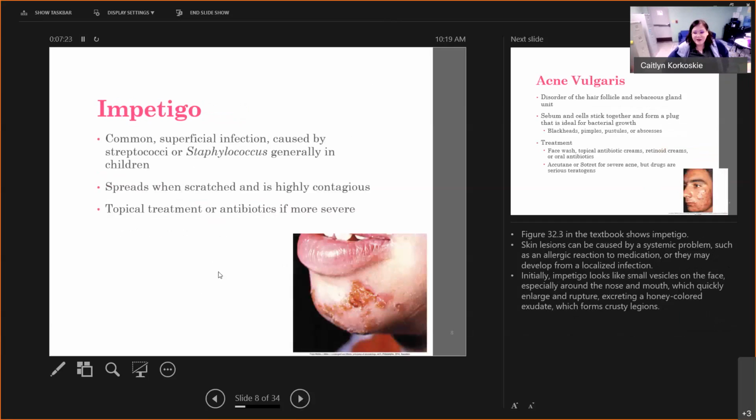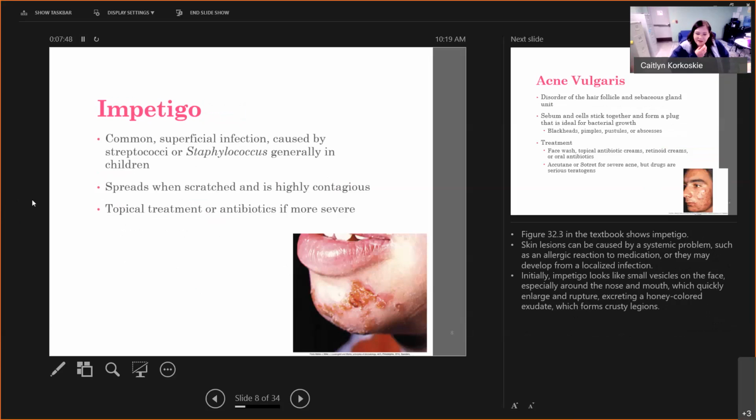Okay. So let's go over some different skin conditions. One of the most common skin conditions is called impetigo, which is usually caused by a staph infection. It's a superficial infection, right on the top layer of the epidermis. It can spread through a scratched area.